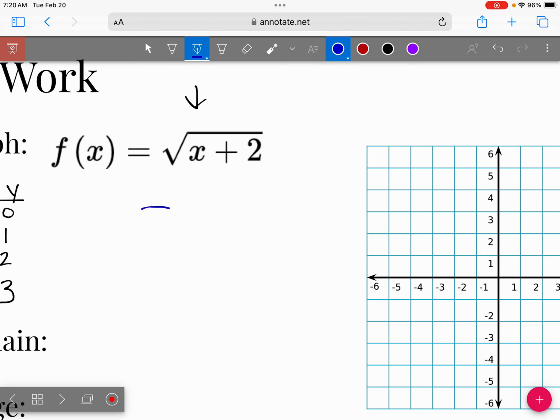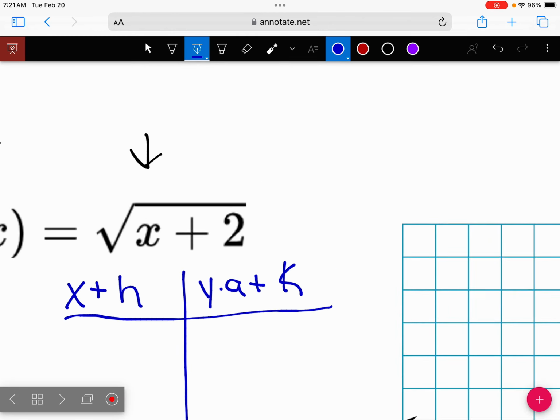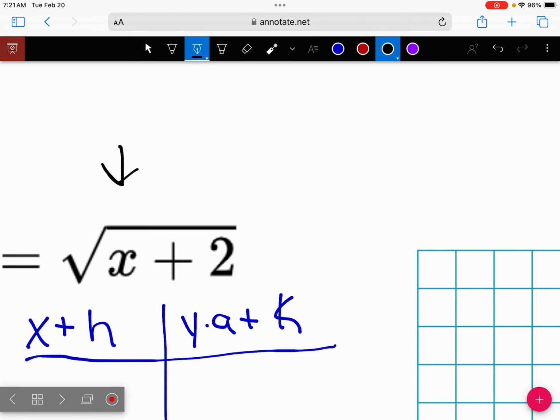From that, to get our transformations without graphing that, necessarily, sometimes we do graph it, but this time we're not. We take our x plus the h value and our y times a plus our k value, which means we need to know our a, h, and k.